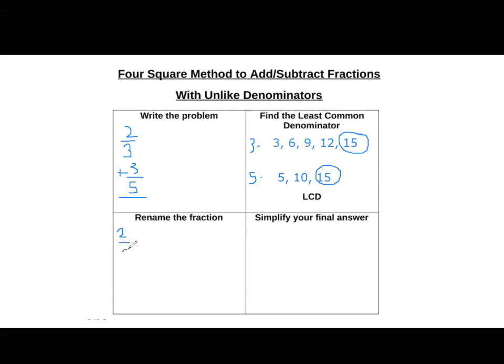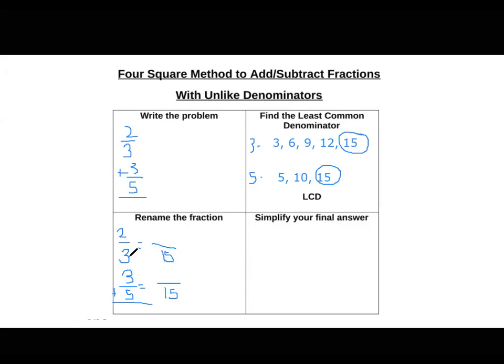I'm going to take my original problem and stack it one on top of the other so that I can make my equivalent fractions right beside it. We're going to make equivalent fractions with a denominator of 15 because that is our least common multiple, or least common denominator.